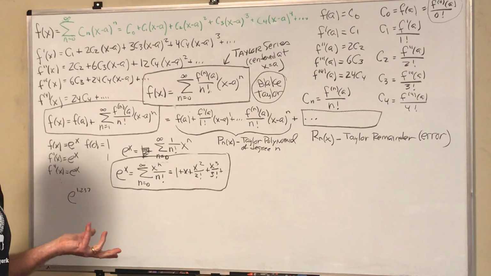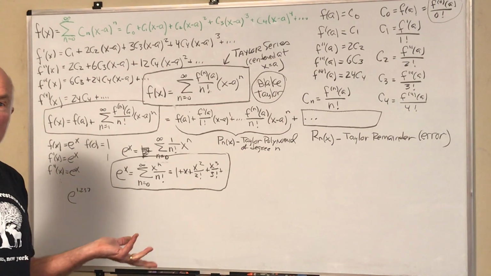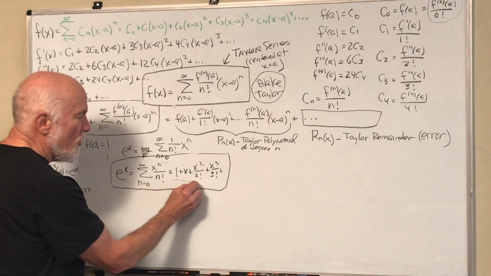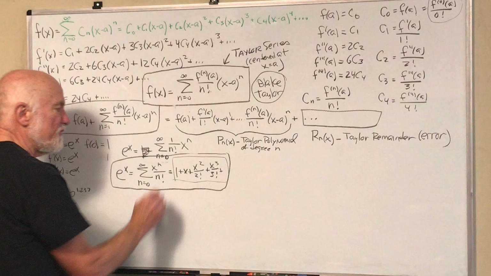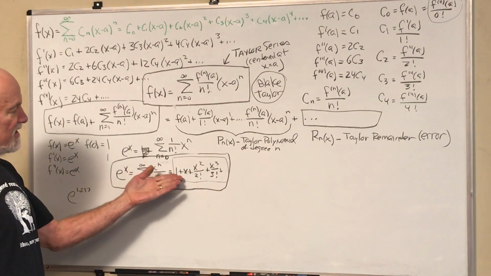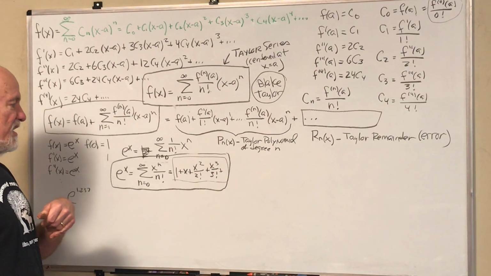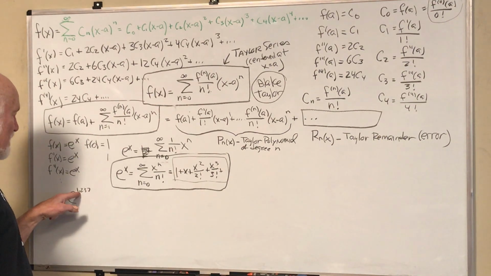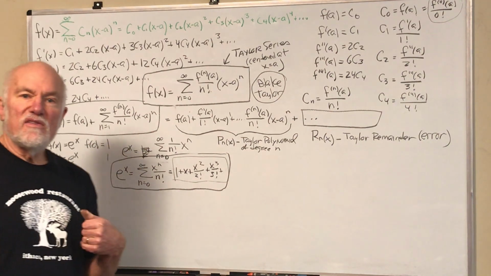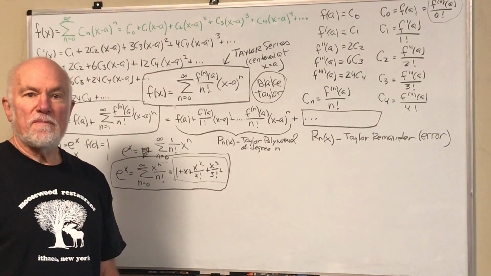And there's no way a calculator could just have those all stored. So you can see a calculator can store a lot of terms of e to the x's Taylor series, and then just plug 1.237 into those, and that's a calculation that a calculator can do.